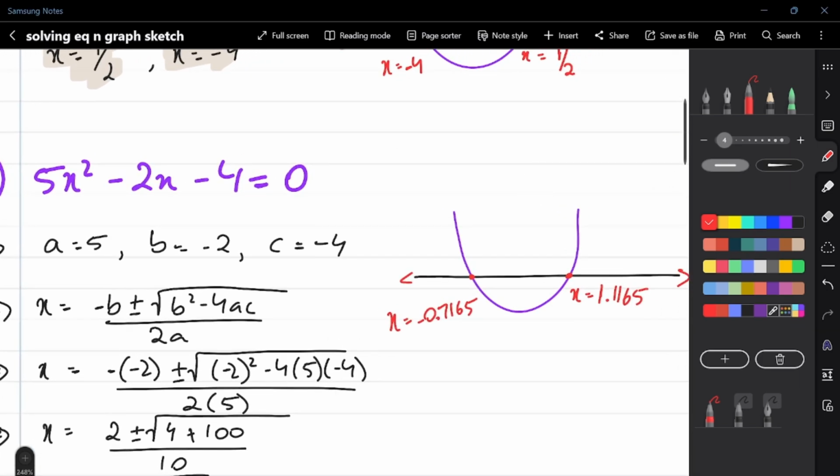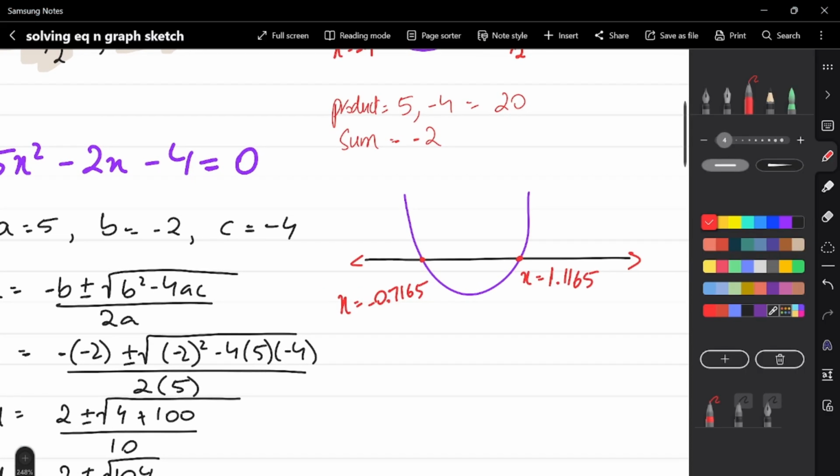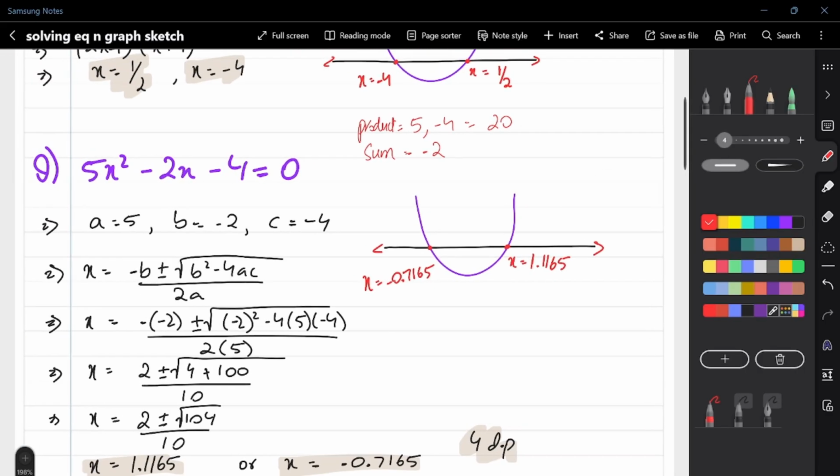So we go over the same rules. We check the product, and I'm getting 5 and minus 4. The product gives us 20, and here I'm getting the sum as minus 2. So 20's factors can be 10 and 2.